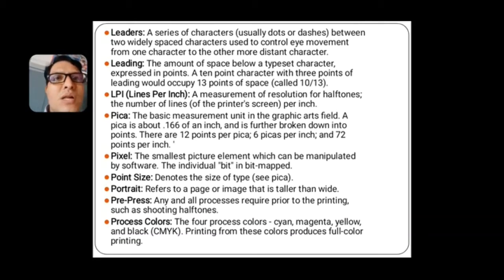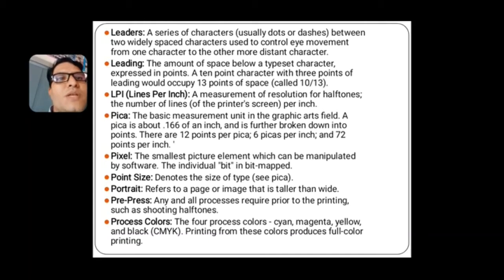And next our terminology is leading. The amount of space below a typeset character, expressed in points. A 10-point character with 3 points of leading would occupy 13 points of space, called 10 by 13. So here leading means the amount of space below a typeset character. If you observe your computer screen, or even this PPT, there is space from one line to another. That space is nothing but the leading space.